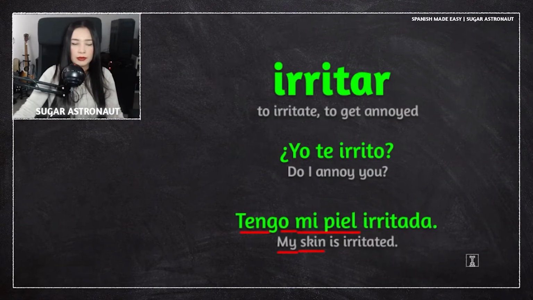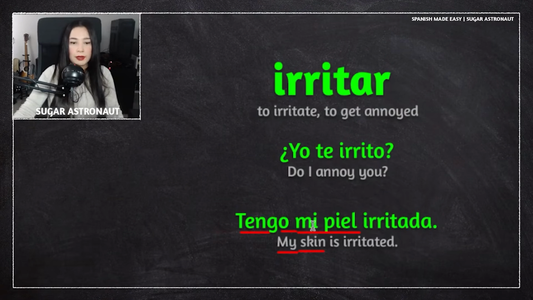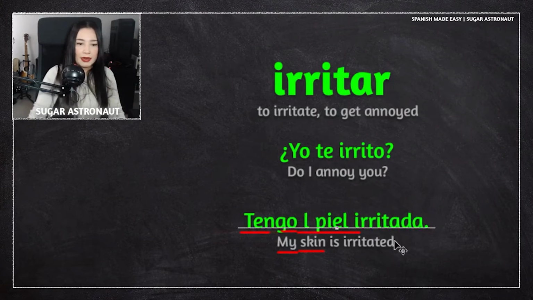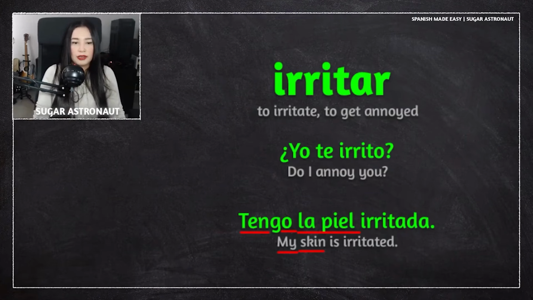It's optional. Tengo mi piel irritada. So that's saying my skin is irritated. But also it's very commonly said, tengo la piel. Why? Because you're just talking about skin, and obviously it's kind of a given that it's your skin, not someone's skin, you know.